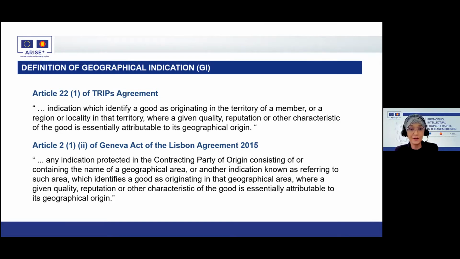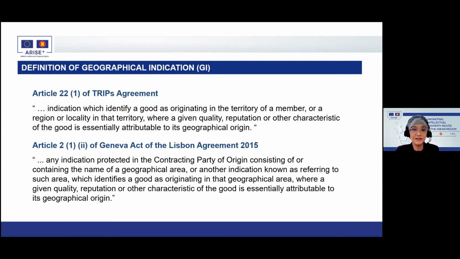If we compare both definitions, we can see the similarity. Actually, the definition in the Geneva Act is somehow inspired by the definition of geographical indication in TRIPS.